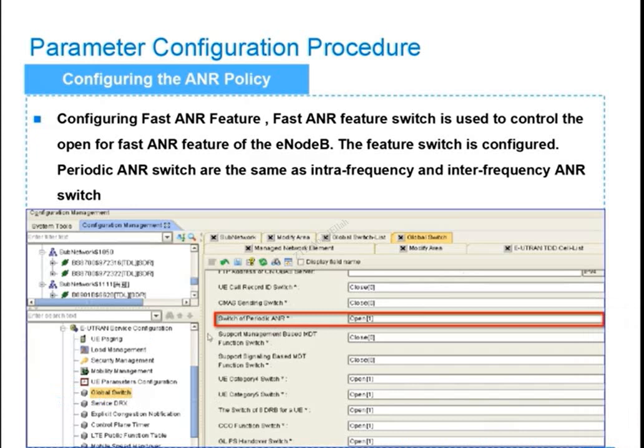Its name is switch of periodic ANR. If we open it, the network will perform fast ANR. When the UE accesses the network or hands over to a new cell, the network will deliver the measurement configuration of reporting the strongest cell, so it can use the fast ANR.